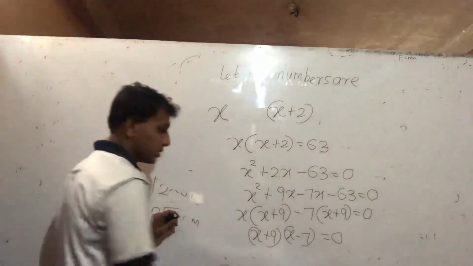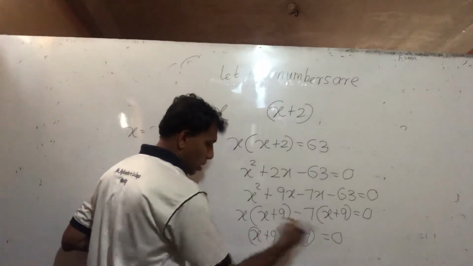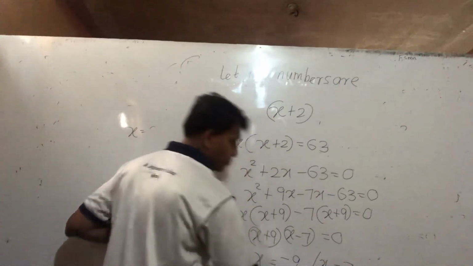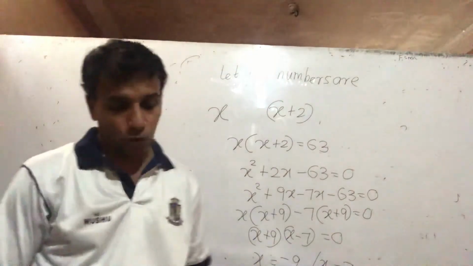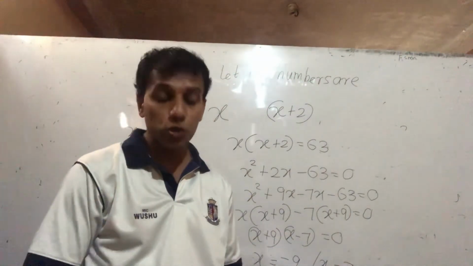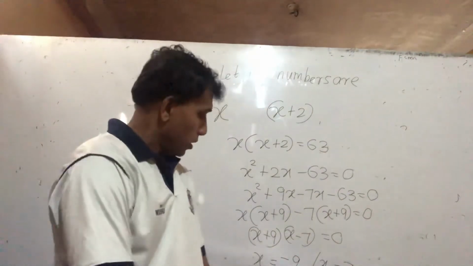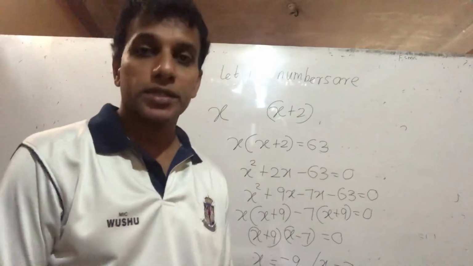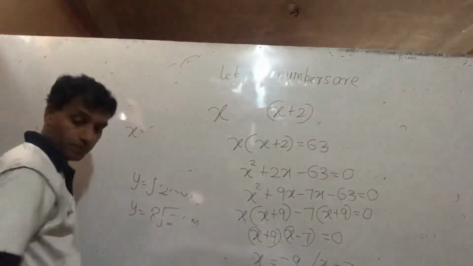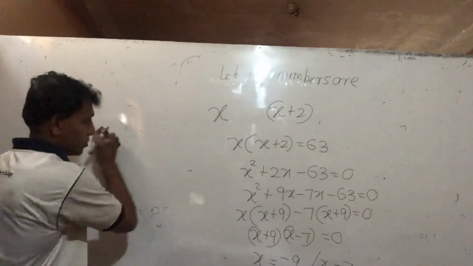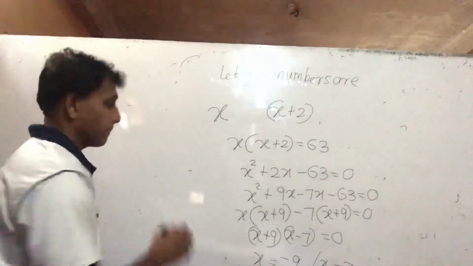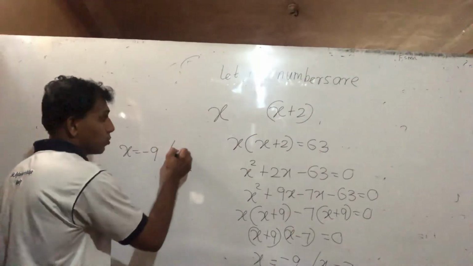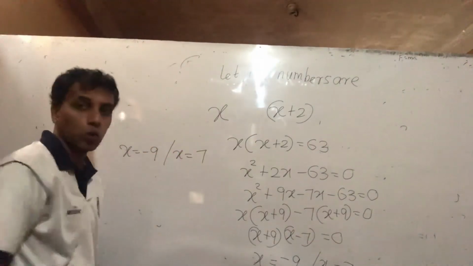Therefore collect the answer: x equals minus 9, x equals plus 7. You know, every quadratic equation has two solutions.